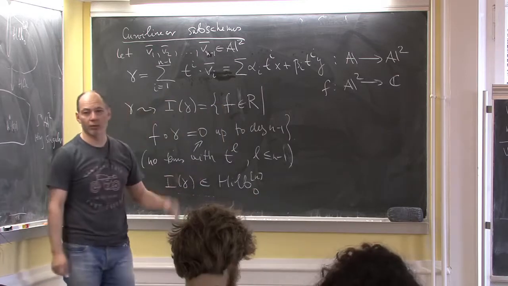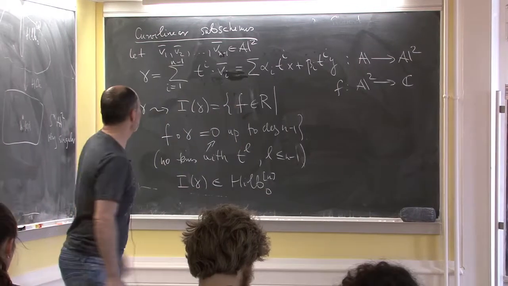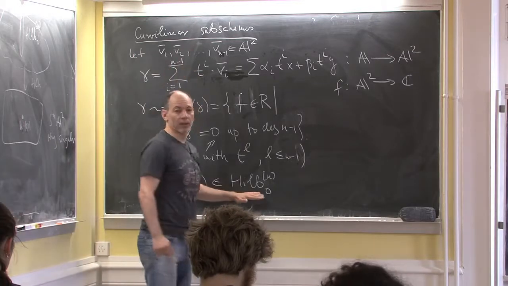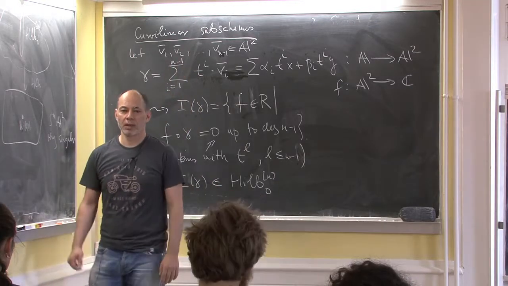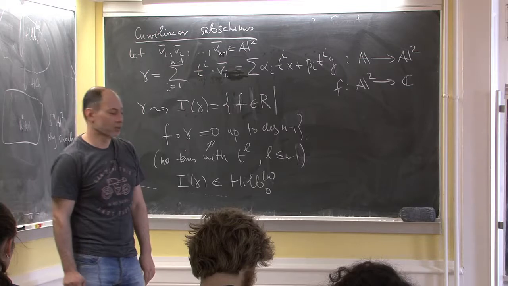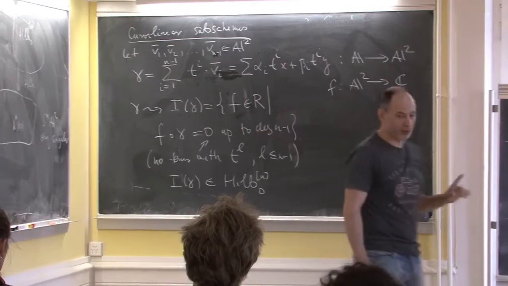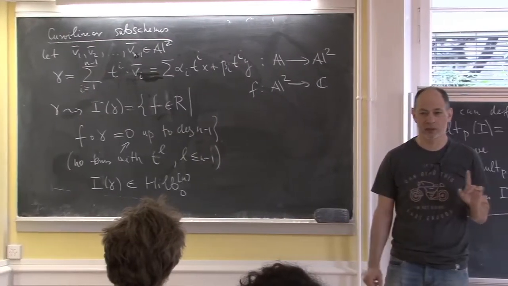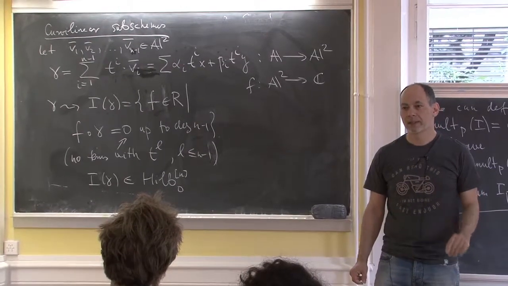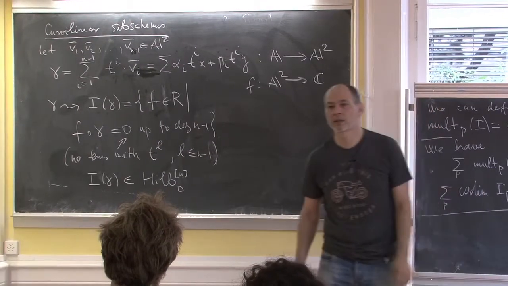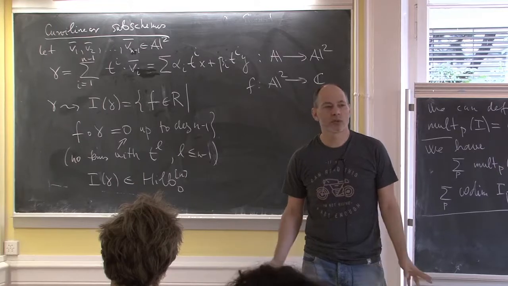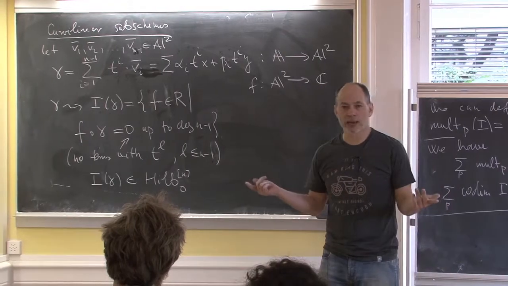So for each sequence of these vectors, I constructed a bunch of ideals there. So what is the dimension of this thing that I constructed? That's the question now. I'll just count parameters.